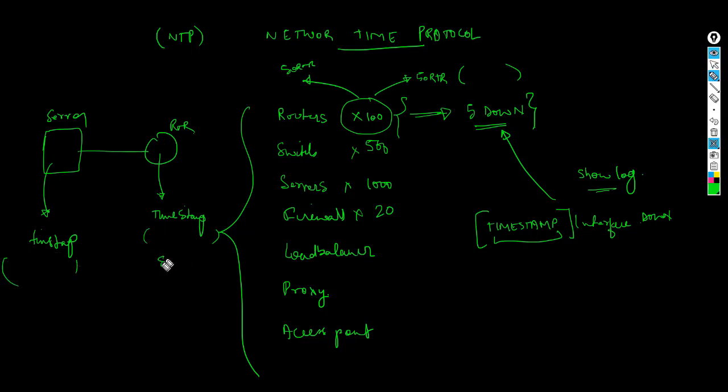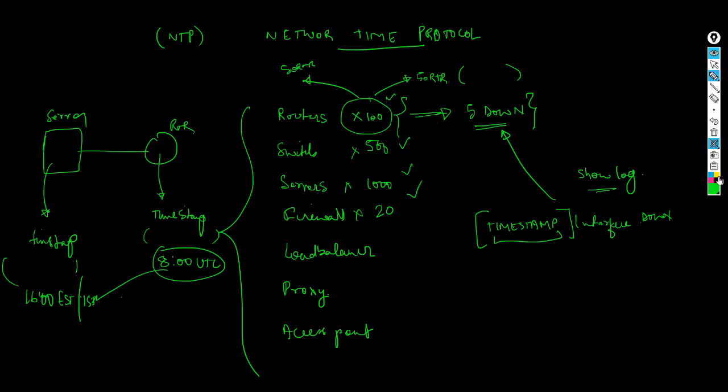Over here you may have a timestamp following UTC, and over here a timestamp following EST or IST. Now you need to sit and do the conversion, go to some website and convert. That becomes a mess when we have so many devices.